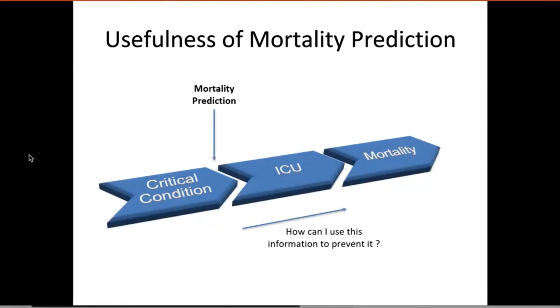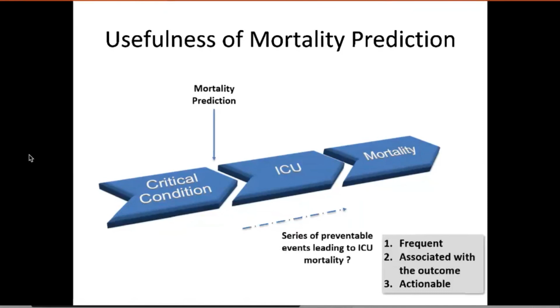And the third characteristic is that this outcome should be somehow actionable. In other words, if we provide the clinician with this type of outcome, the clinician should be able to use it to actually change his practice, the treatment, to try to prevent the outcome from happening, and in turn to improve patient outcome. Next slide. You can go to the next slide.